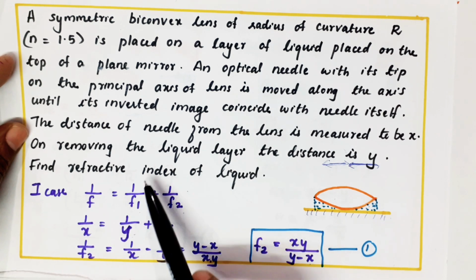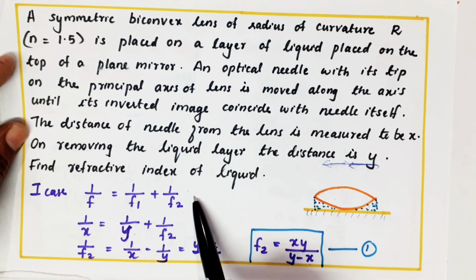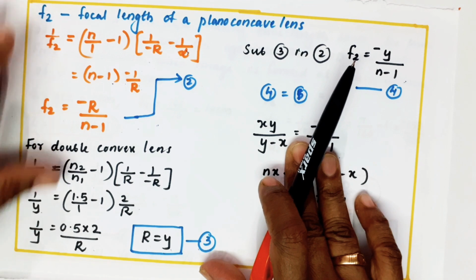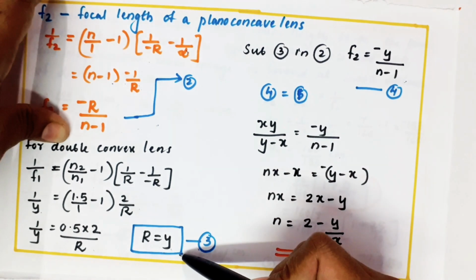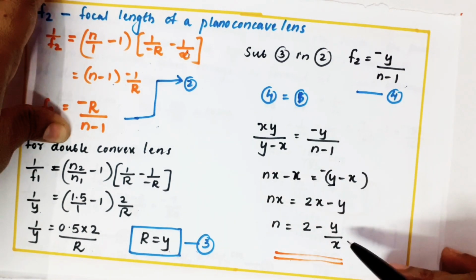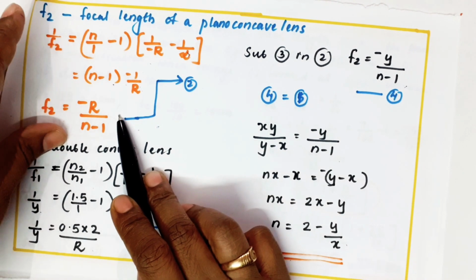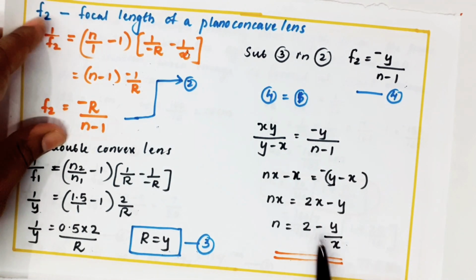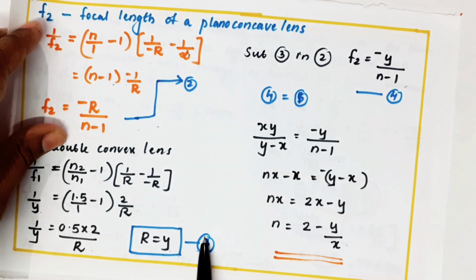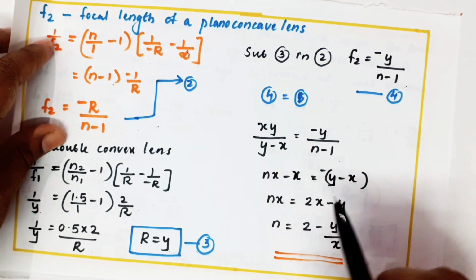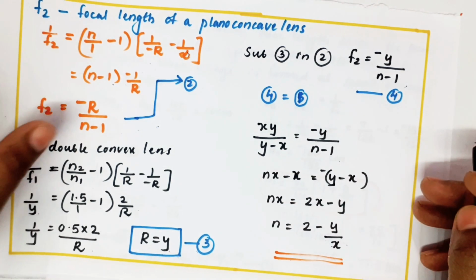The effective combination means a simple convex lens and a plano concave lens. I wrote the plano concave in terms of the lens maker's formula. Then we equate. Why we use this step: in your final equation there is no R. If you write this equation, an R term will come. So to remove R, I convert it in terms of y. We get an equation for F. That F and the first equation's F we equate, and we get the value.